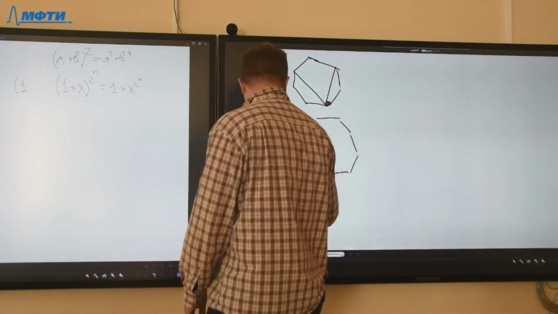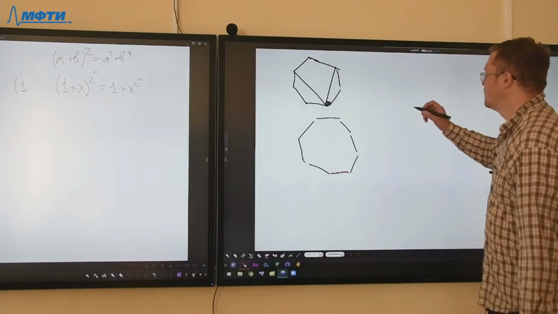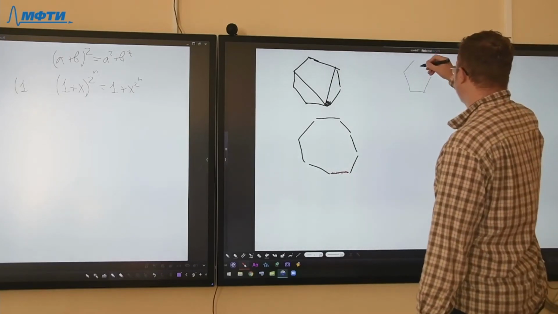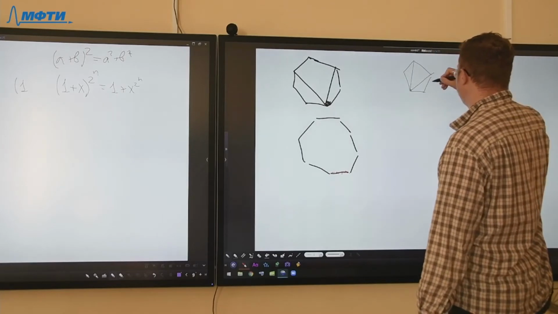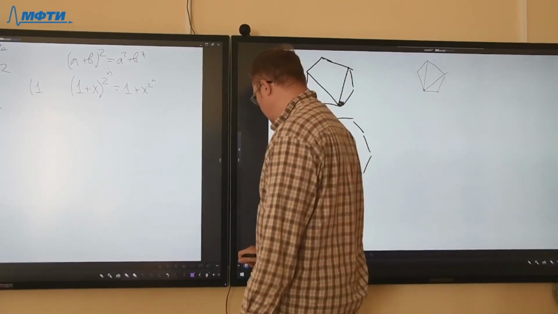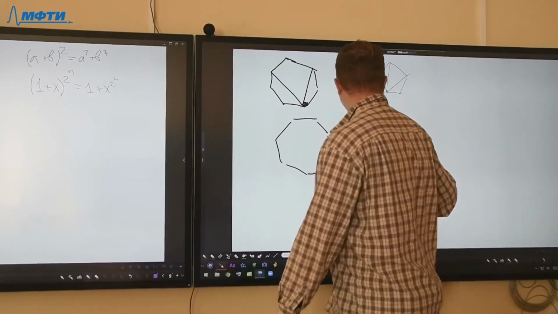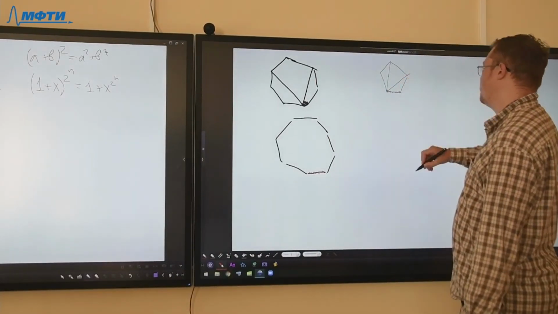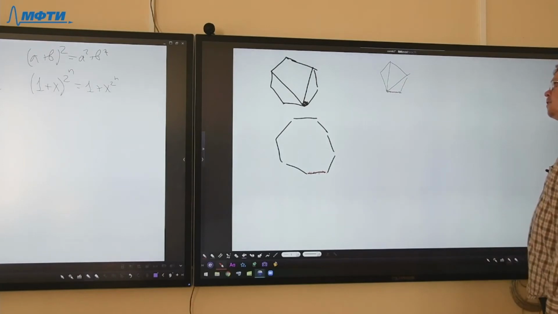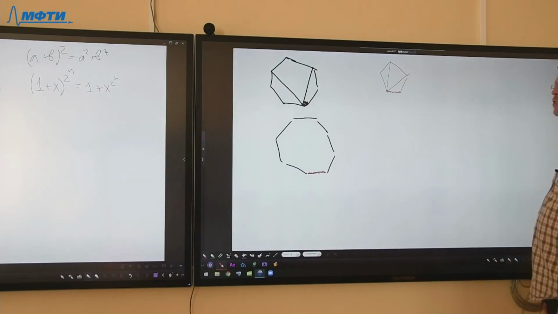So for example, if I draw the pentagon and choose a triangulation, then this edge belongs to exactly one triangle. Yes?